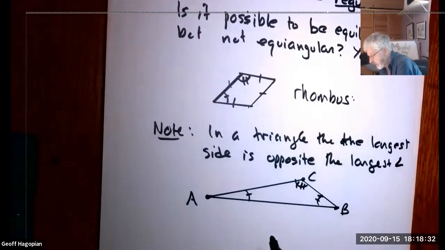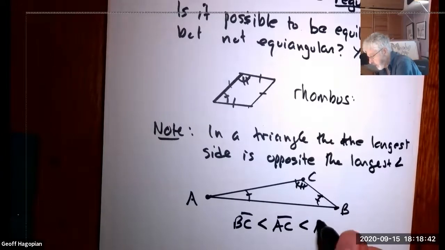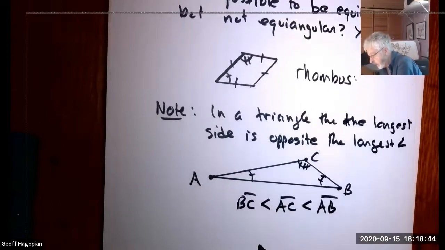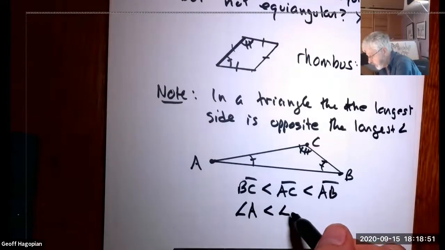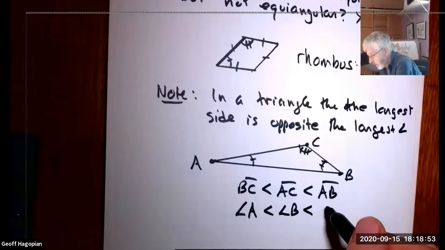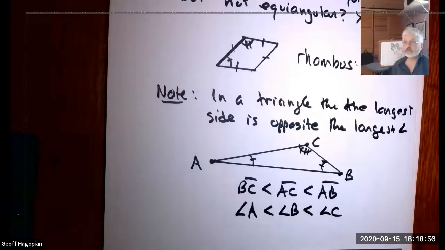And it appears that BC is less than AC is less than AB, in the same way that angle A is less than angle B is less than angle C. So they're ordered the same way: the angle that's mid-sized is opposite the mid-sized side, and so on.